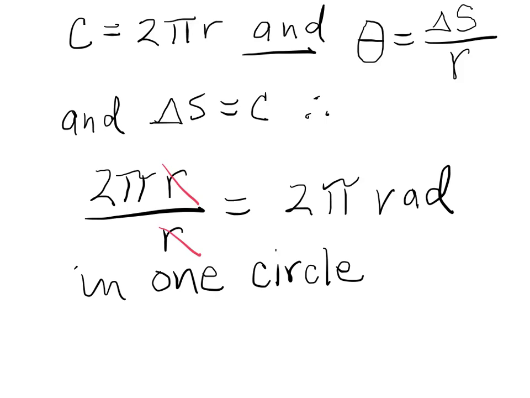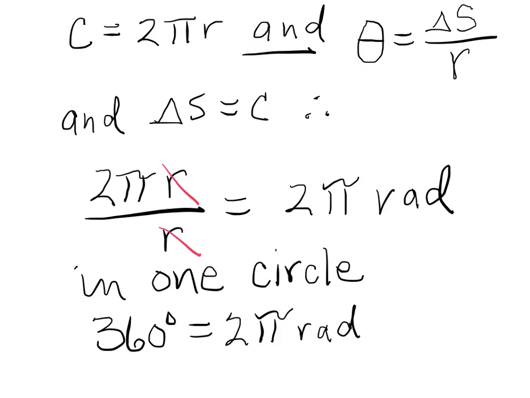Now, what that allows us to do then, of course, is to convert. So we've got 360 degrees is 1 time around, so is 2 pi radians. And so we can manipulate that, and we can say, okay, 180 degrees is pi radians, so on and so forth.